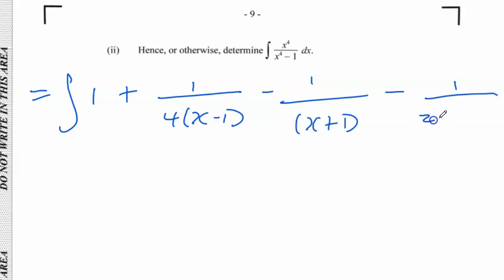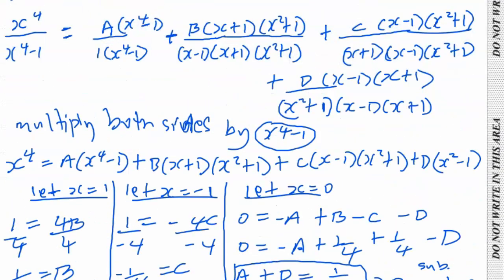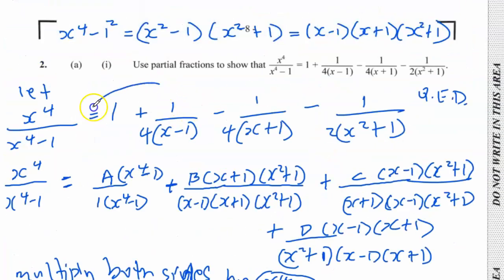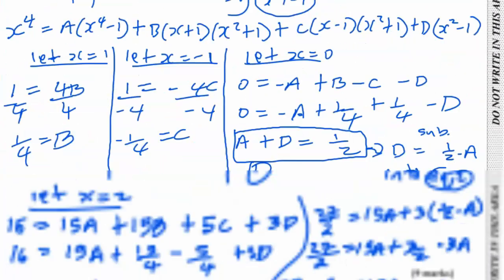Minus a half, x squared plus 1. So we just rewrote this expression here to be this. Alright, so we simply just rewrite it and integrate it piece by piece.